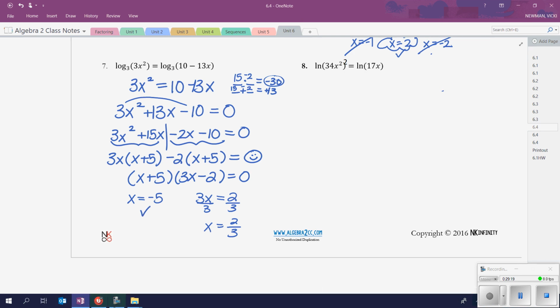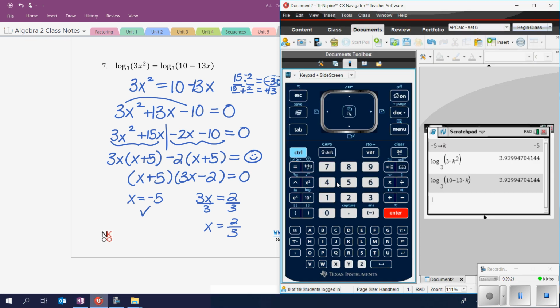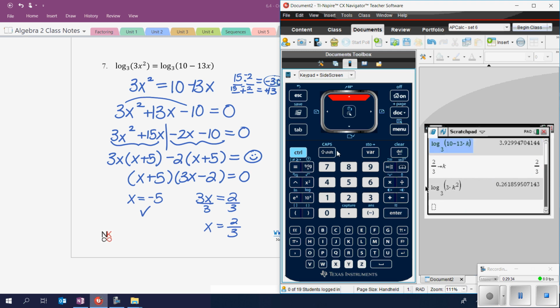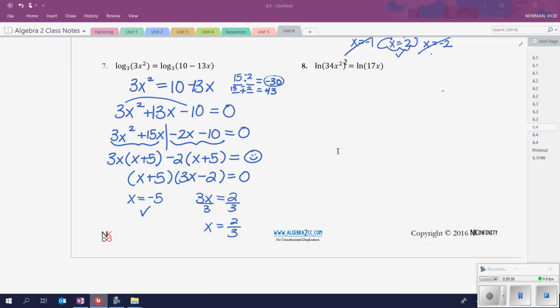All right, how about 2/3? So 2/3, store for k, and I'm just going to copy that and that, and they match, so they actually both work. Good. So 2 solutions, -5 and +2/3.